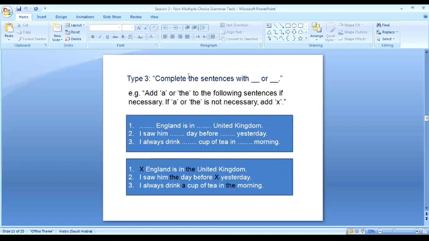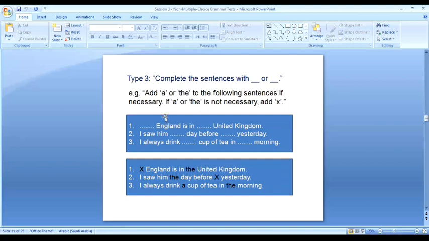Type 3, we have complete the sentences with a or the, or we can say add a or the to the following sentences if necessary. If a or the is not necessary, add x. So you have options here. If it's not necessary, just put x.